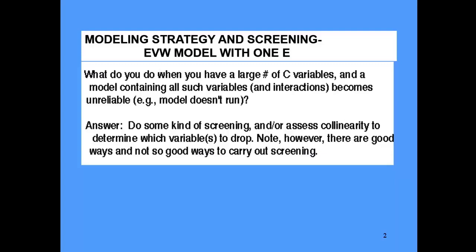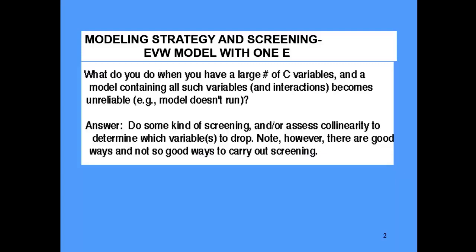Now there's a problem with doing that, and that's what you're going to be talked to about tomorrow. The problem is that if you screen out C's using statistical testing, and the C's are potential confounders or potential effect modifiers, what aren't you doing correctly?